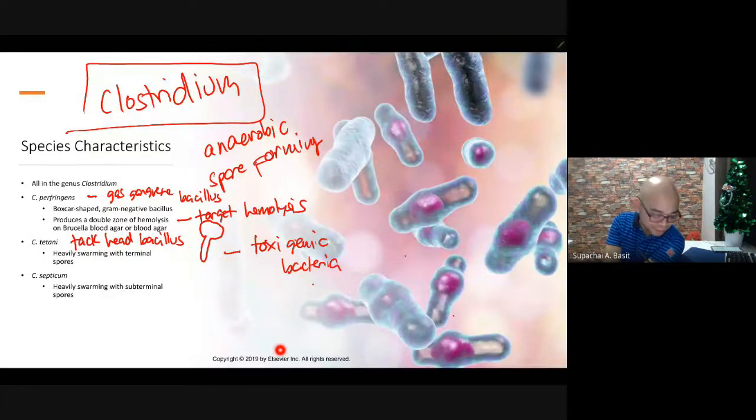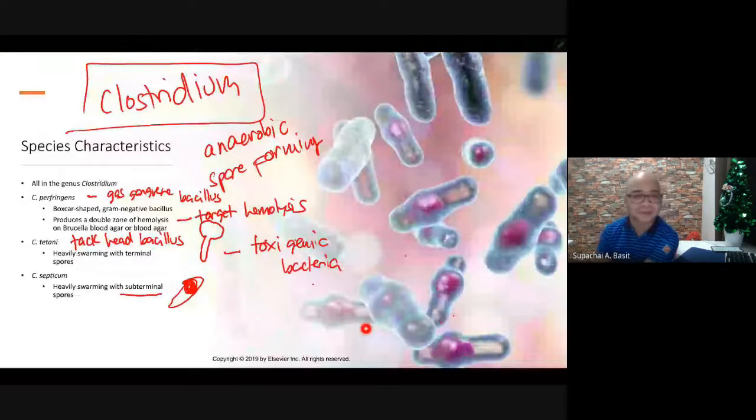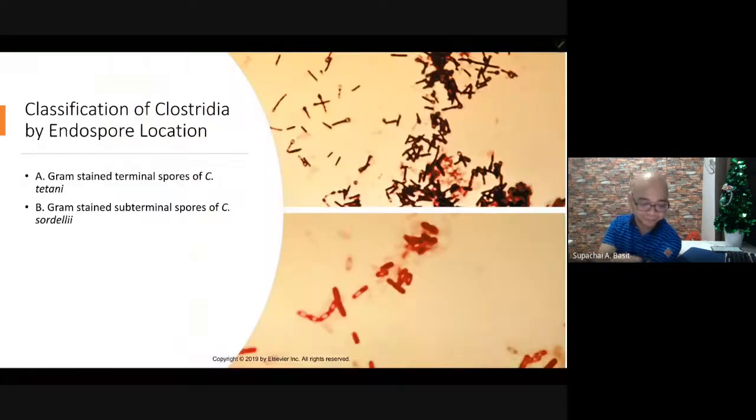And then we also have Clostridium septicum. In Clostridium septicum, the spores are located subterminally. So subterminally is somewhere here. Okay, here is an example of terminal spores, that is why it is called the drumstick bacillus, of Clostridium tetani.